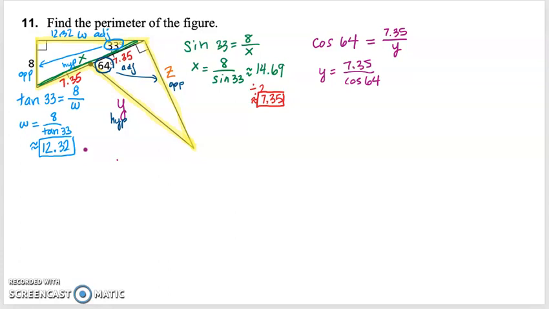Which gives me 16.766. So that is about 16.77. So that's this side right here, 16.77.